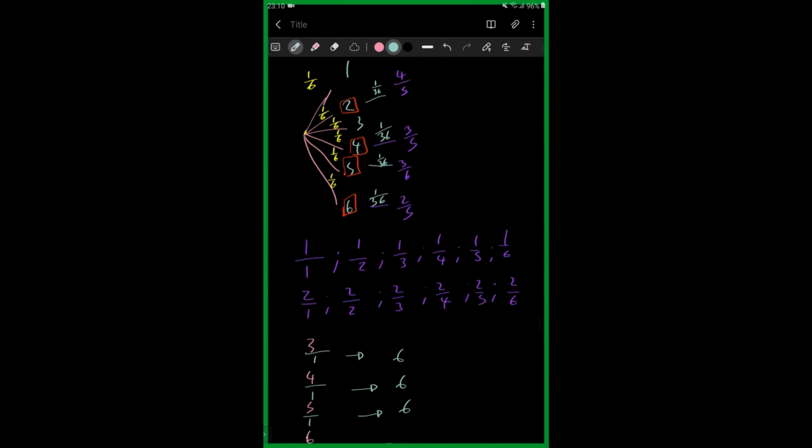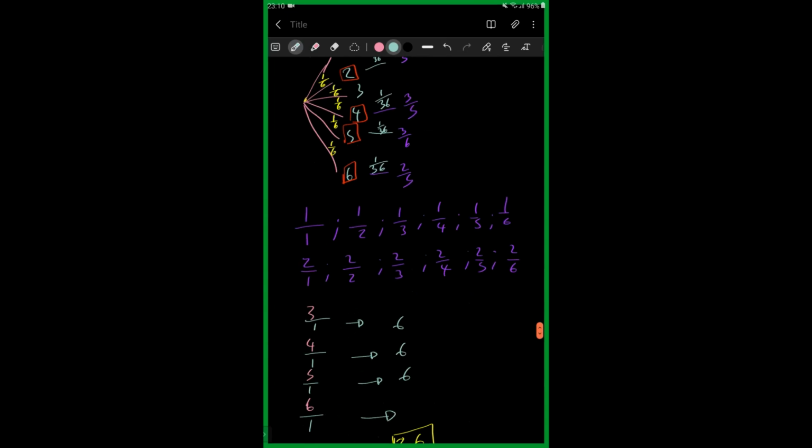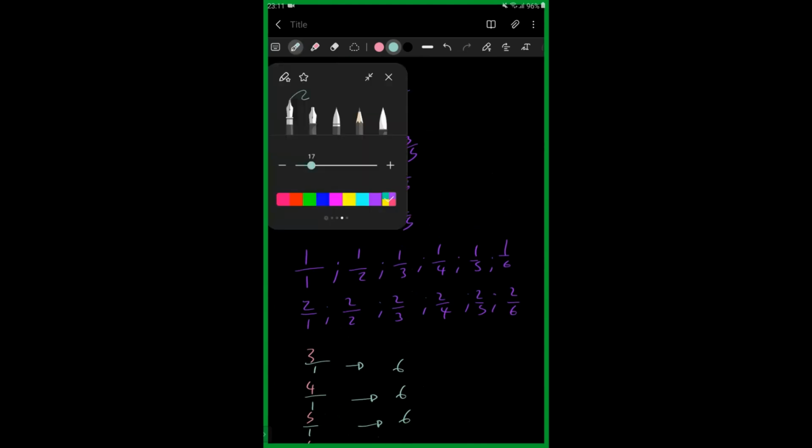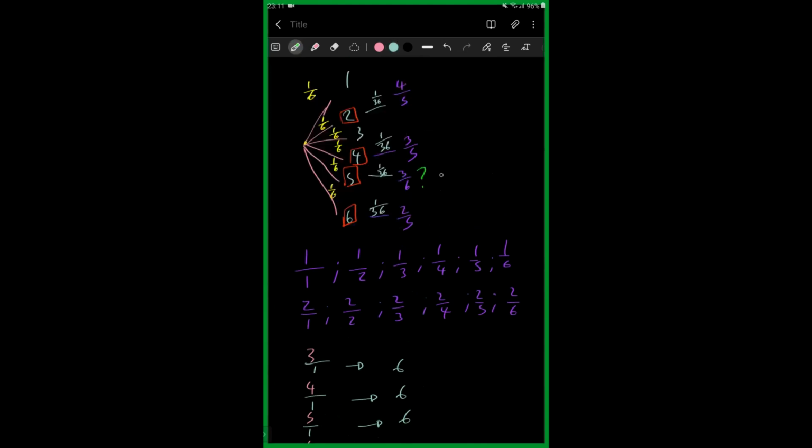Now, the funny thing is, oh no. I think we have to reconsider this one, because there are multiple options to get a half. There aren't really multiple options to get 4 over 5, 3 over 5, or 2 over 5.